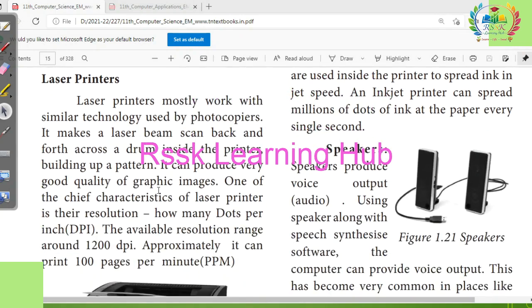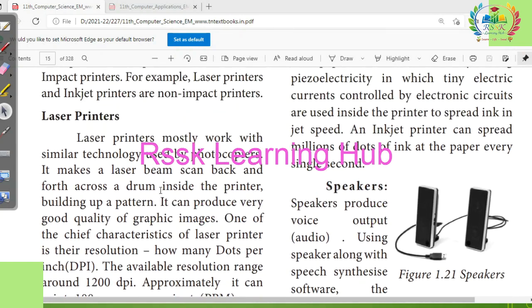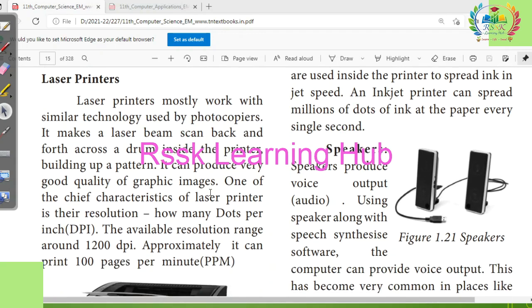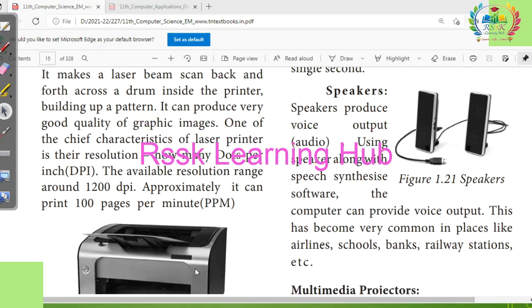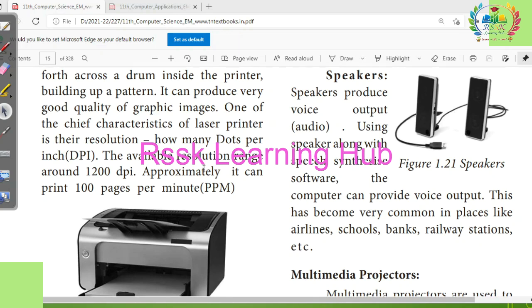Next, coming to the laser printer, how will the quality be? It mostly works with similar technology to photocopiers. Here a laser beam scans back and forth across the drum inside your printer and builds up the pattern, so that a good quality graphical image gets printed. The concept used here is dots per inch, that is DPI.